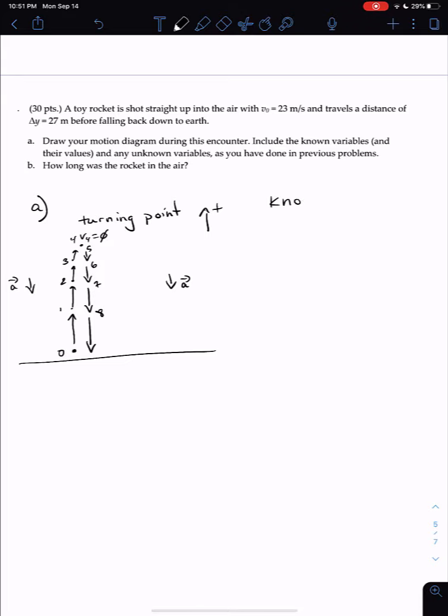So next we need to focus on our knowns. Given the problem, I know that the change in distance from when it is at its highest point to when it falls back down, and I'm going to label that as 8 and then 4. So basically we're talking about this distance here. Is 27 meters.